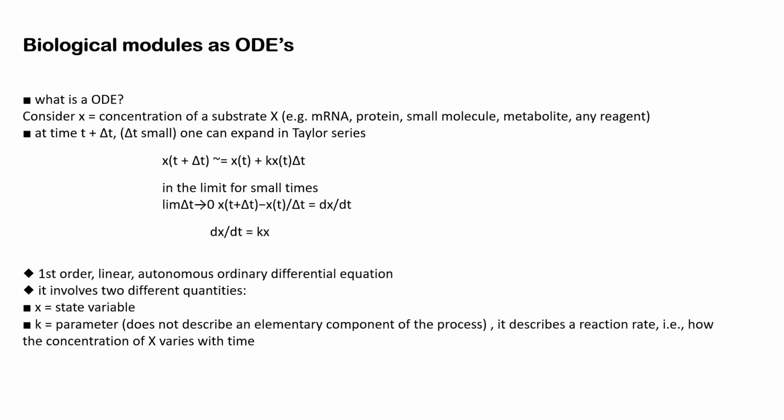At time t plus delta t, where delta t is very small, you can expand this like a Taylor series: x of t plus delta t is approximately x of t plus kx times delta t. This is how differentiation works. When you take the limit delta t tends to 0, you get dx/dt.